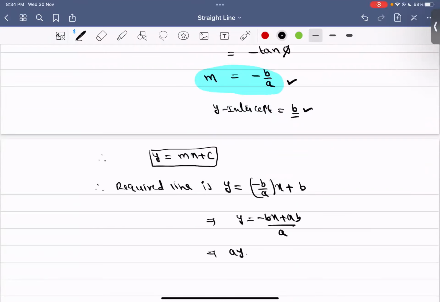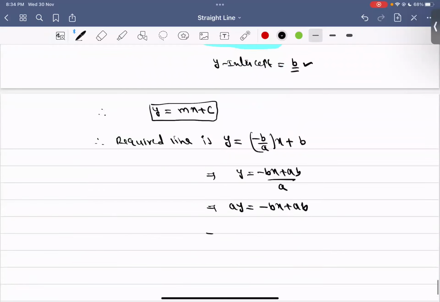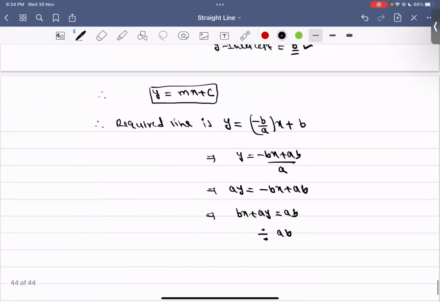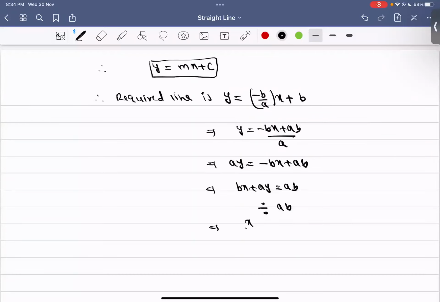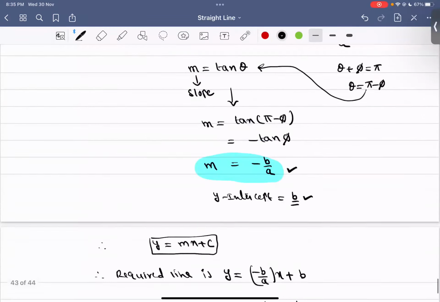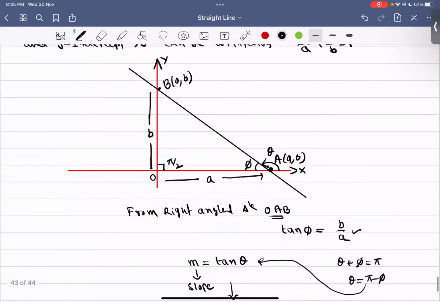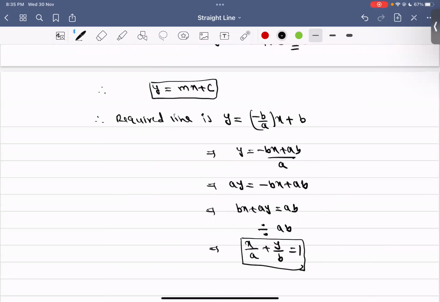That implies ay is equal to minus bx plus ab. That implies bx plus ay is equal to ab. Divide throughout by ab. Then what do we get? x by a plus y by b is equal to 1. This is the proof. Here the x-intercept is a and the y-intercept is b. With the help of slope intercept form, we derived the intercept form.